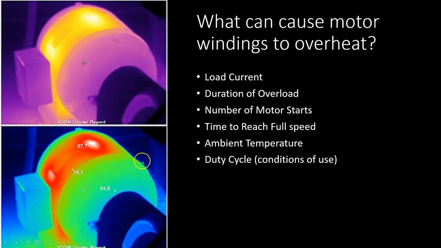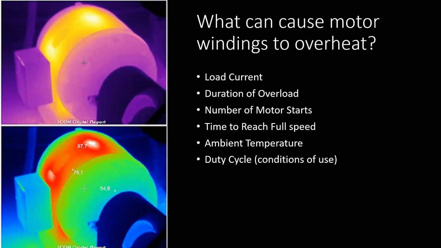The ambient temperature, even when the motor's not running. If the room is 50 degrees, that means the windings are at 50 degrees. Once I start putting current through them, it's going to go from 50 degrees and up. So I have to watch out for the ambient temperature and make sure that once I turn my motor on, I'm not overloading the motor or the windings heat-wise.